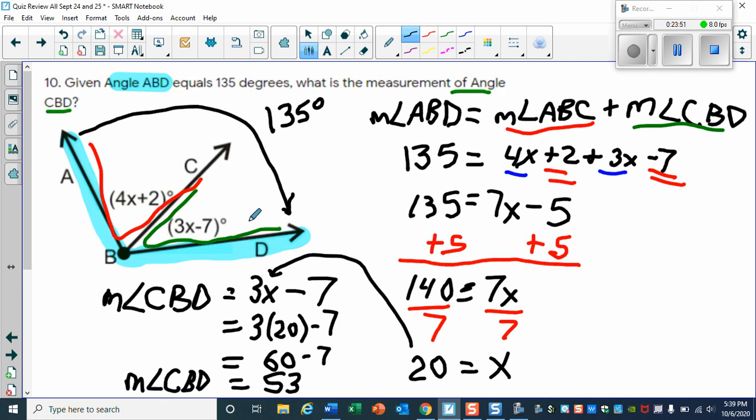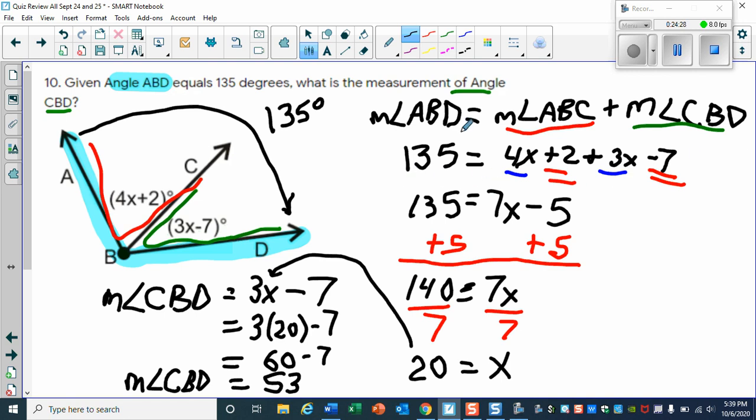That's it. So ABC is 4x plus 2. CBD, 3x minus 7. So basically, you're just adding these two expressions and you're going to set it equal to 135. That's the big connection. 135, your overall angle, equals the sum of ABC, which is 4x plus 2, plus CBD, 3x minus 7.